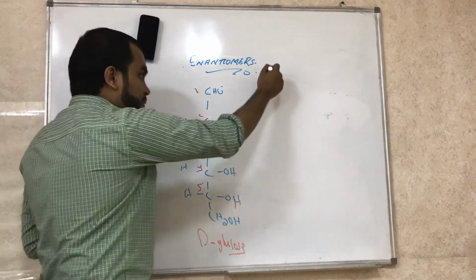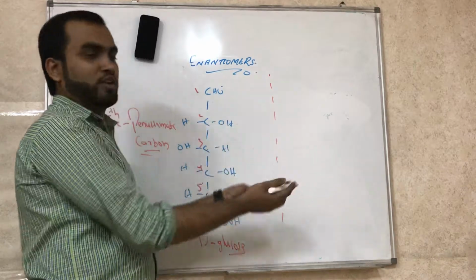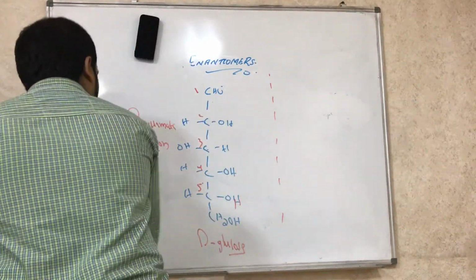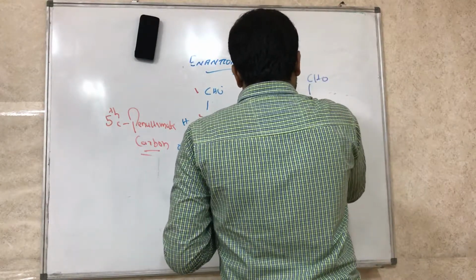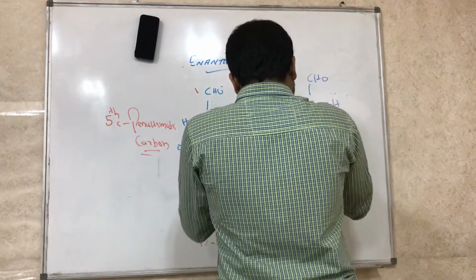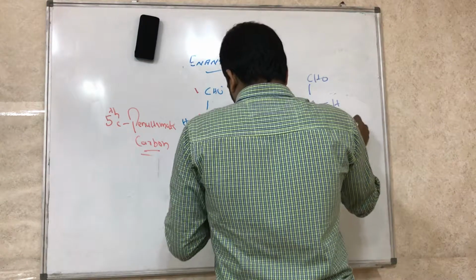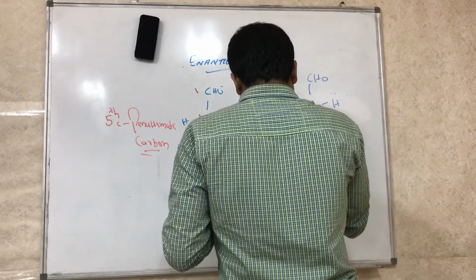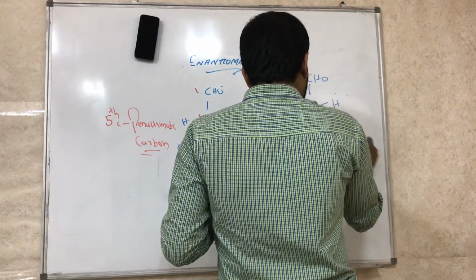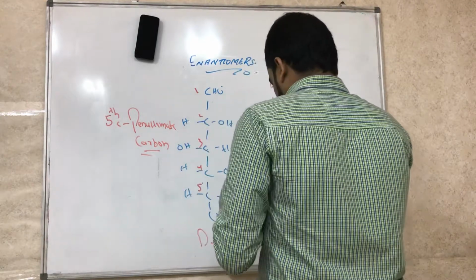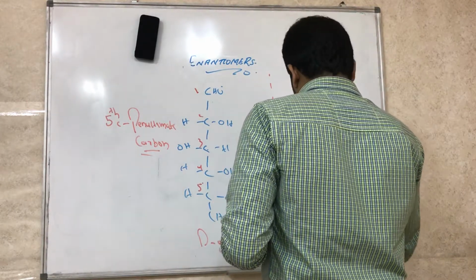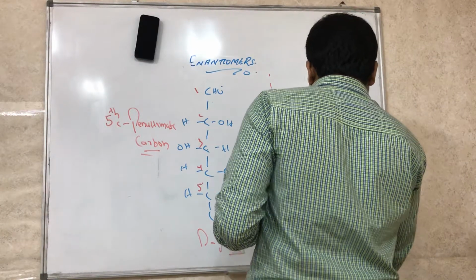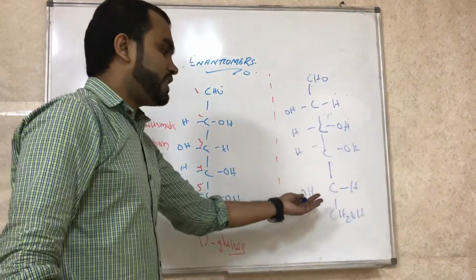If we make a mirror image of this, we will have OH here, H here, H, OH, H, OH, and in the fifth carbon we will have OH on the left side and H on the right, then CH2OH.